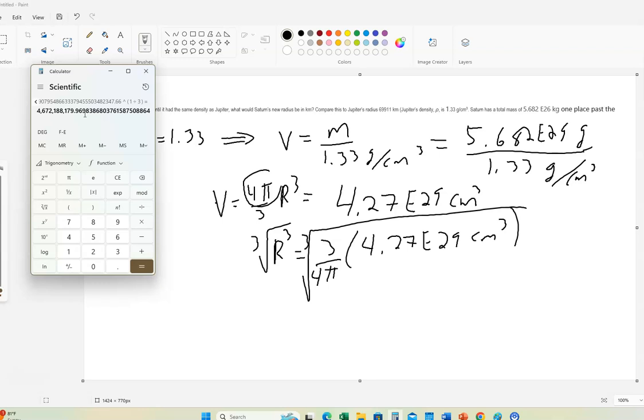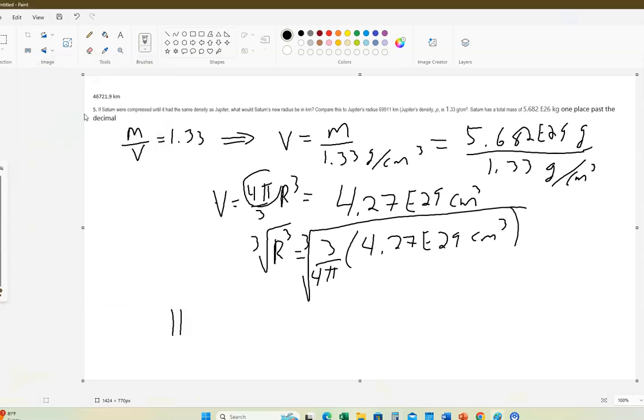Just as a reminder, there are 10 to the 5th centimeters in a kilometer. Let me write that down. 1 kilometer is the equivalent of 10 to the 5th centimeters.